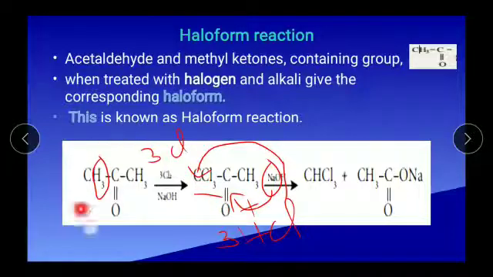So acetone gives its haloform CHCl3. So aldehydes and methyl ketones containing the CH3C double bond O group, when treated with halogen, here chlorine, give haloform in the presence of alkali.